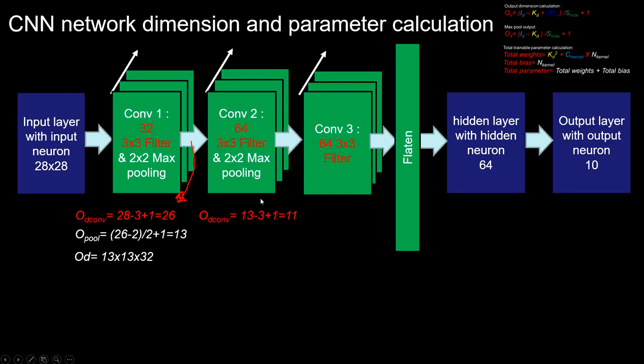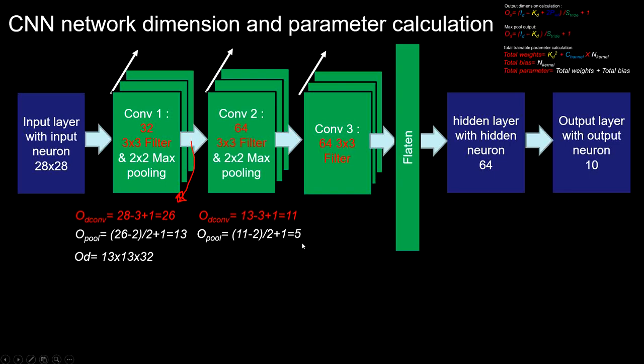The next part, you apply the max pooling. The input of the max pooling will be 11, and your max pooling dimension will be 2. So 11 minus 2, over 2, plus 1, you have the output of 5.5. But for this part, you just need to consider the integer part without the floating point.